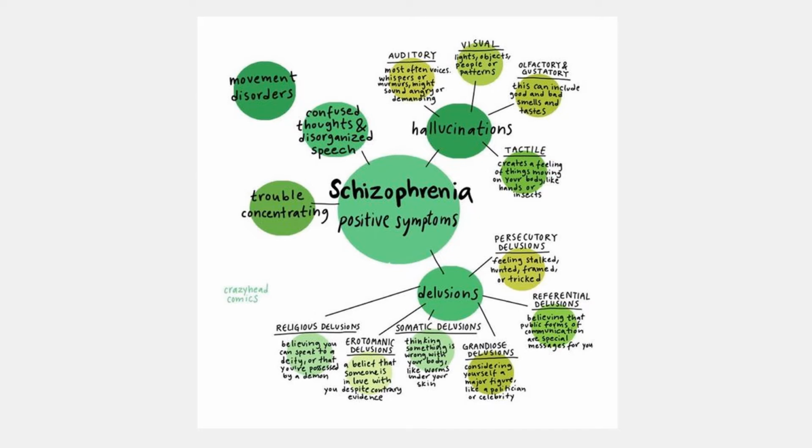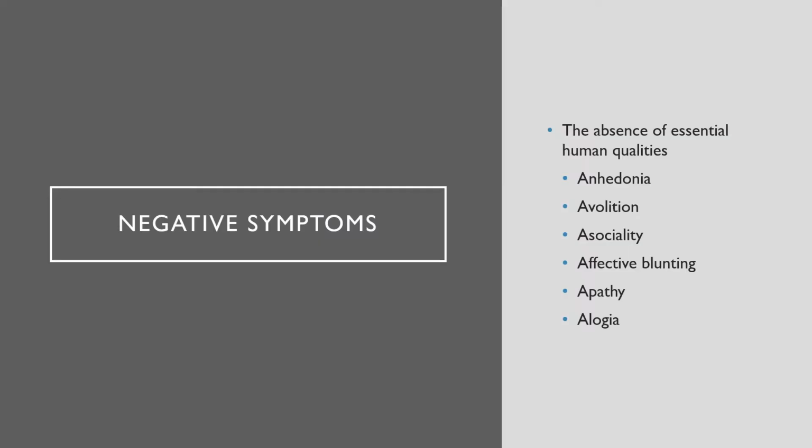So this is just a recap of those positive symptoms for schizophrenia. Remember that positive symptoms are symptoms that are present that should not be there. All right, let's move into negative symptoms. Negative symptoms are the absence of something that should be present. Remember, positive symptoms, a lot of times, are so attention-getting that they make treatment seem urgent.